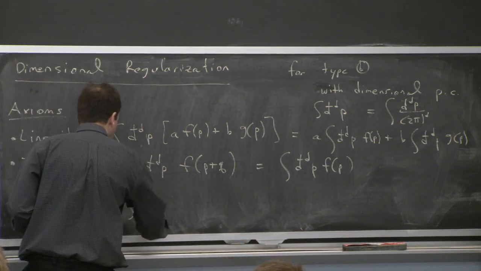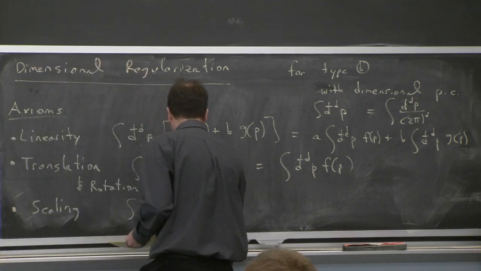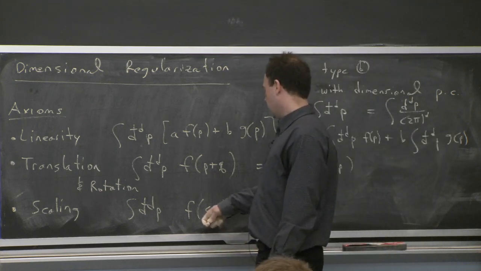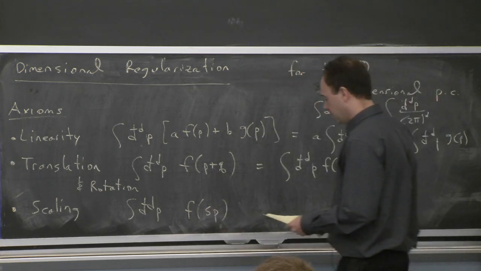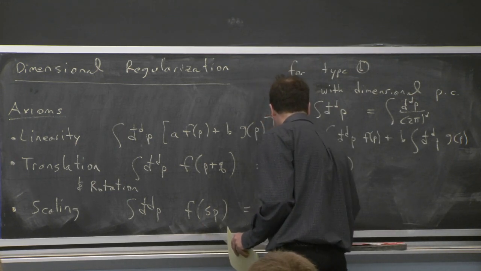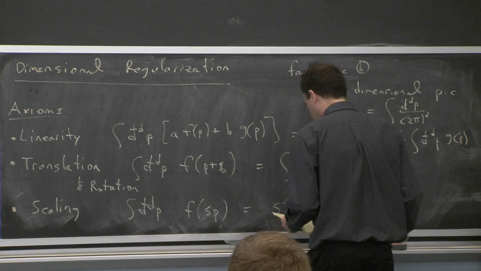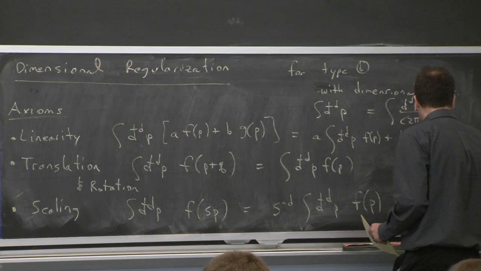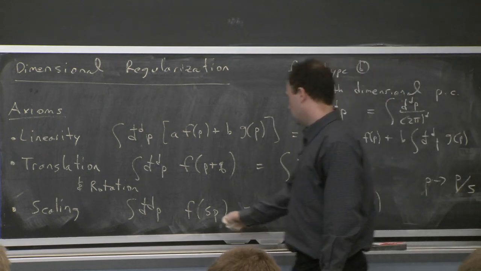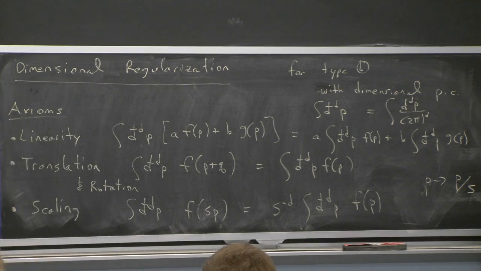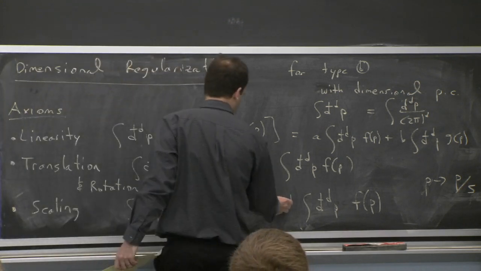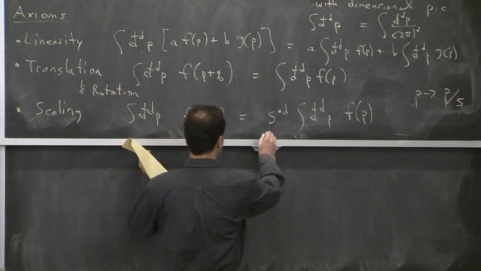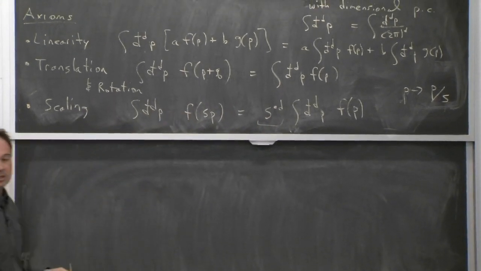And then the final one that's obviously a little bit special to dim-reg is scaling. Let's say we have a scalar s multiplying our momentum p. Then we can rescale the momentum p and pull the s outside by just taking p goes to p over s. So that changes this to a p. We get an s to the minus d that pulls out front. And if we demand that, then that's special to dimensional regularization because you can see that this depends on d.